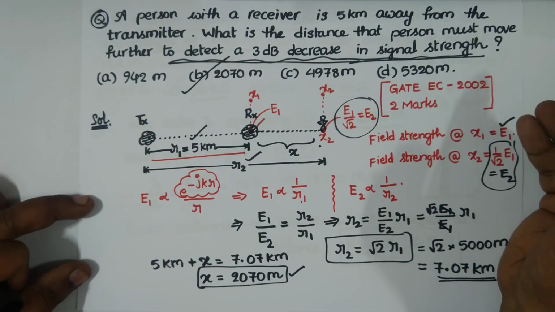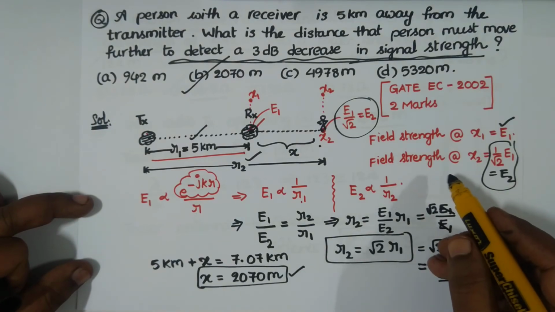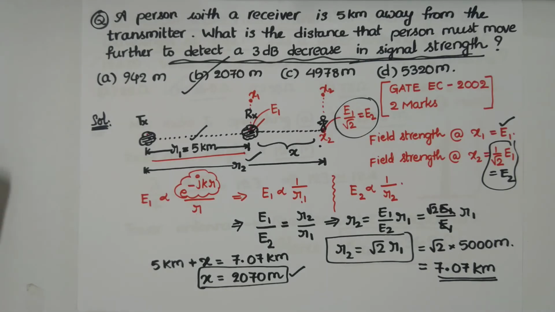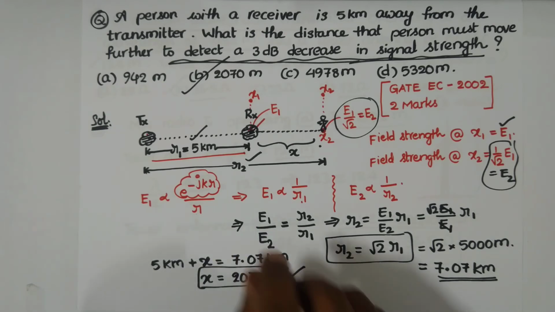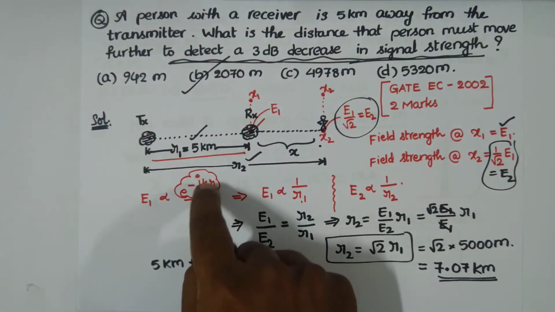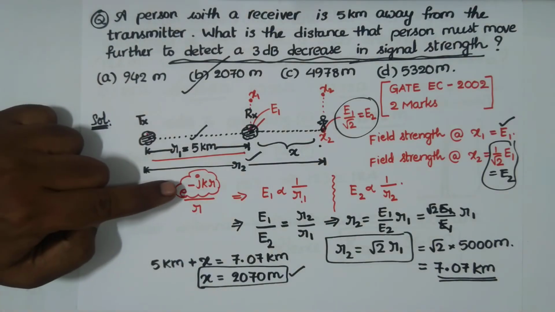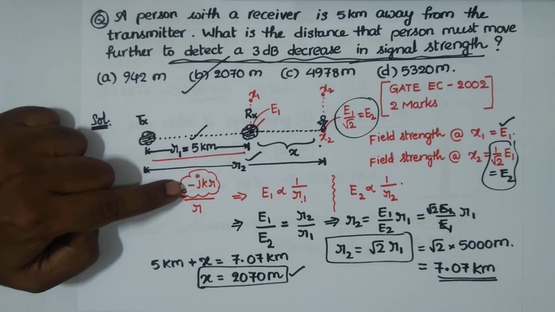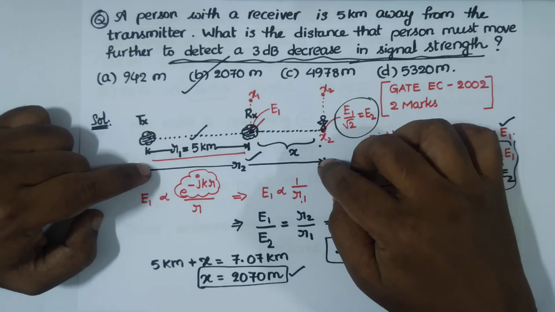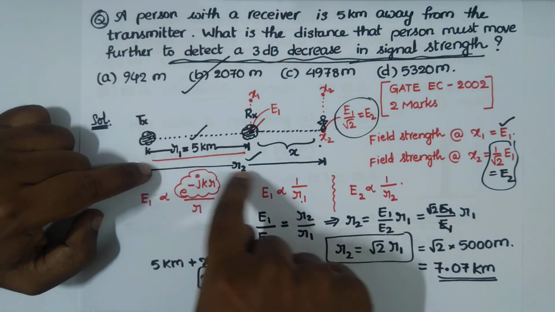We have used the electric field strength quantity in this problem to deduce things. There is a concept in this, so please give emphasis to this kind of stuff. In the far field region, the electric field strength is proportional to this. We don't require the complex exponential quantities like e power minus jkr, because we directly have r1 and r2.